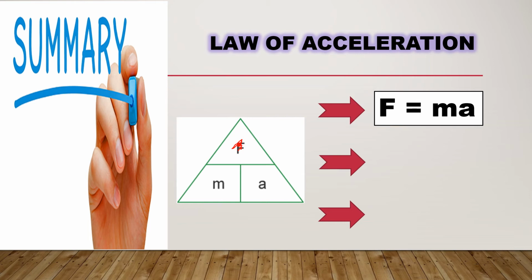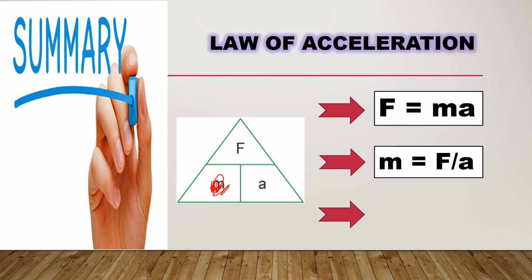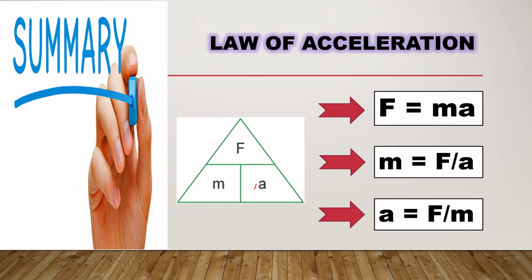Now, if you want to look for the formula of mass, we have here F divided by A, or force divided by acceleration. And then, if you are looking for the value of acceleration, you just need to cover this, and we have here force divided by mass. Okay?